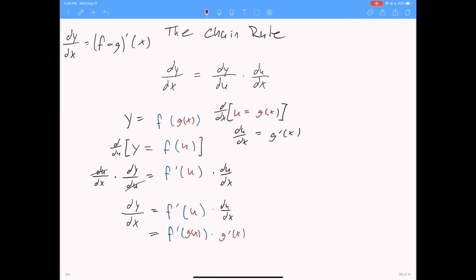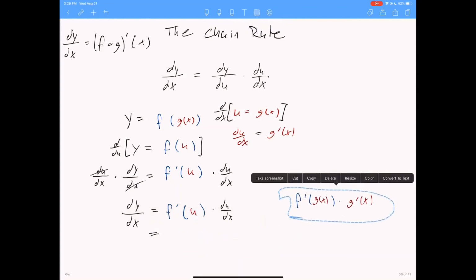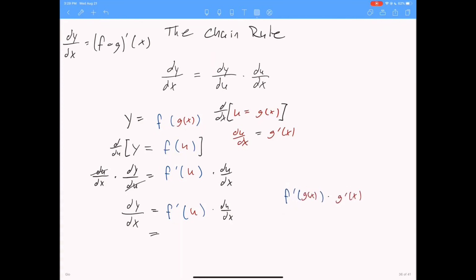It'll be helpful if I write this in a red marker instead. So this is g prime of x. We can write this as du dx. Other than that, there you have it. This is another way to write the chain rule in terms of function composition.